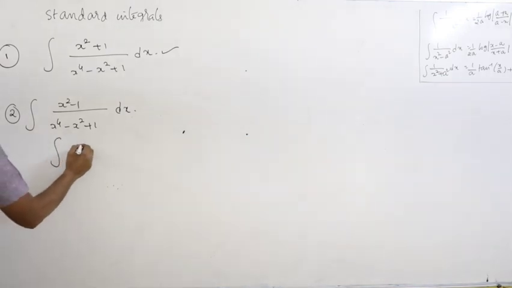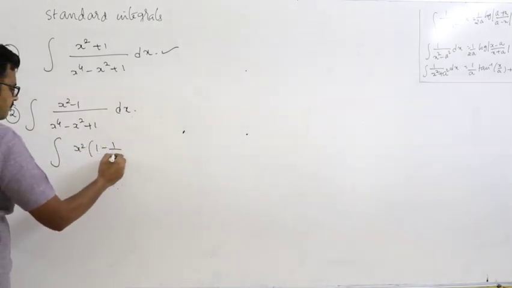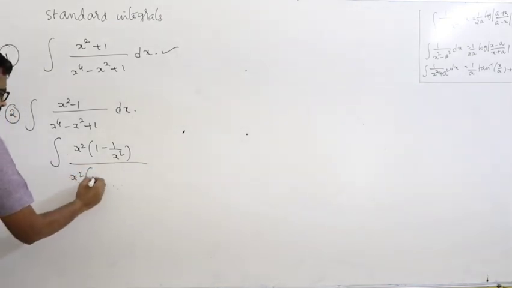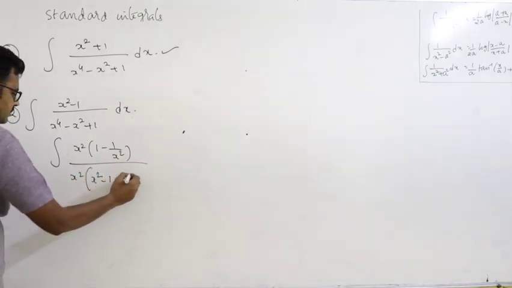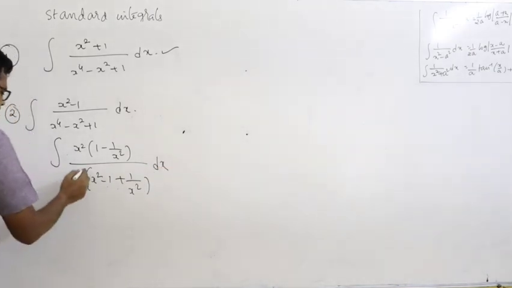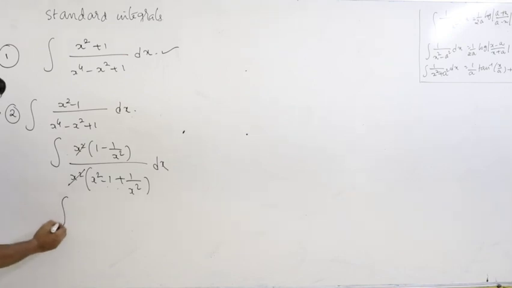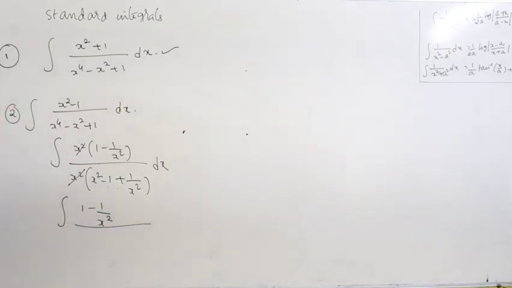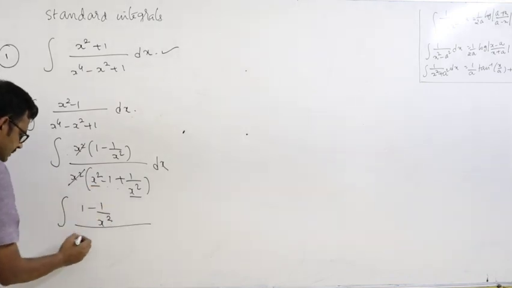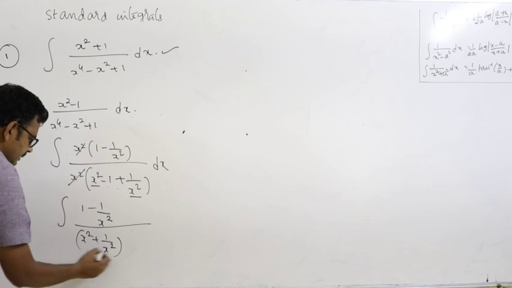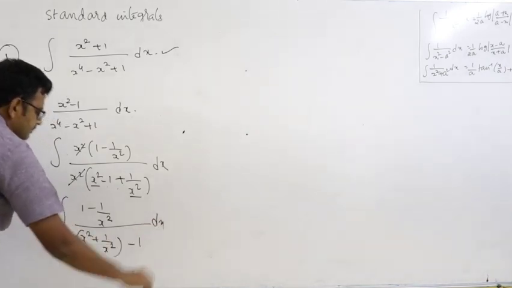Integral x square common 1 minus 1 by x square by x square common x square minus 1 plus 1 by x square dx. So these two get cancelled. Integral 1 minus 1 by x square by x square plus 1 by x square minus 1 dx.